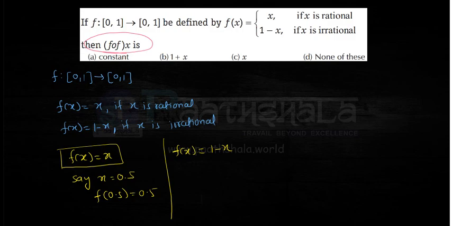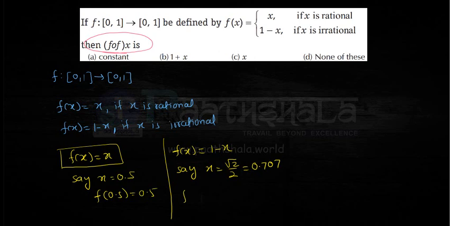For example, let's say x is equal to root 2 by 2, that is approximately 0.707.